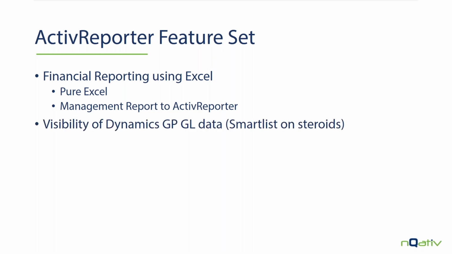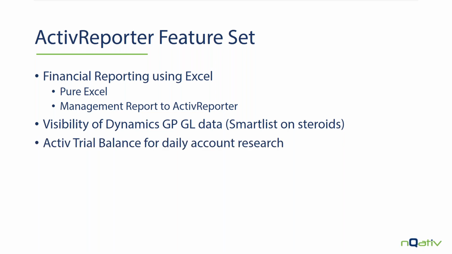We're also going to show you today that we have a lot of visibility into your Dynamics GP data. You typically use Smart List or Excel refreshable reports for this. We have in ActivReporter what we call Smart List on steroids, and we'll be demonstrating that to you today. And then another feature, the third feature that we'll talk about is our active trial balance.